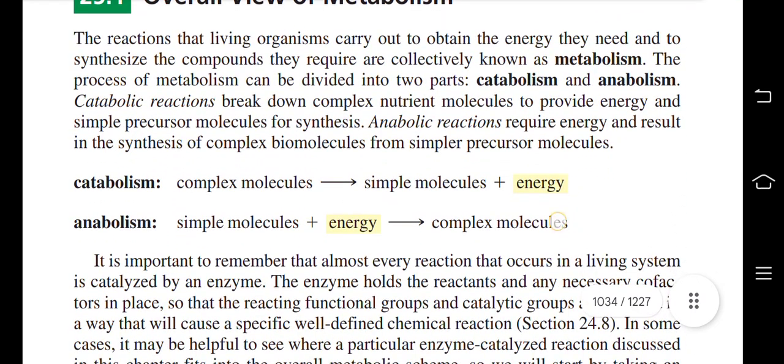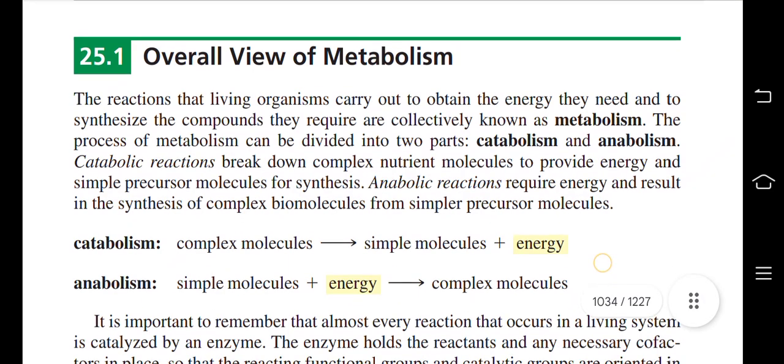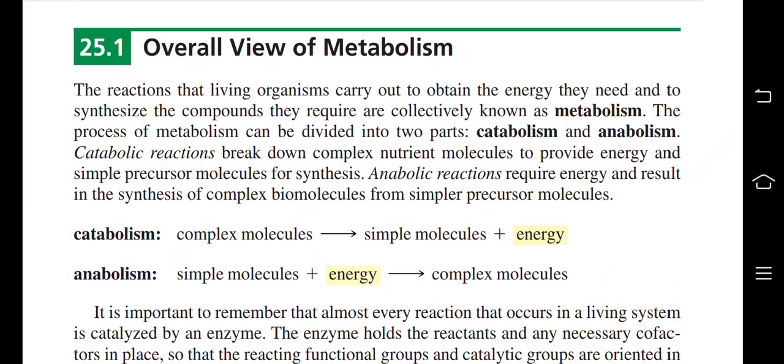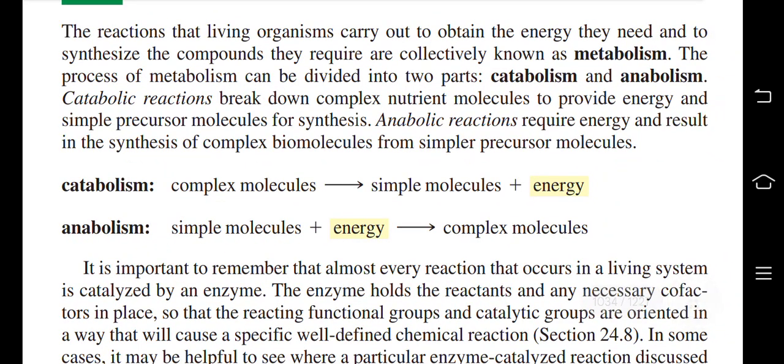Overall view of metabolism. The reactions that living organisms carry out to obtain the energy they need and to synthesize the compounds they require are collectively known as metabolism. The process of metabolism can be divided into two parts, catabolism and anabolism.